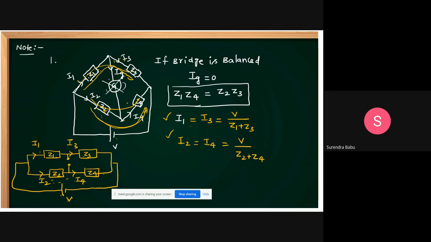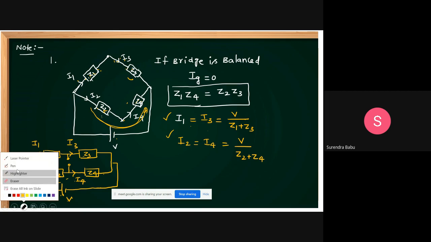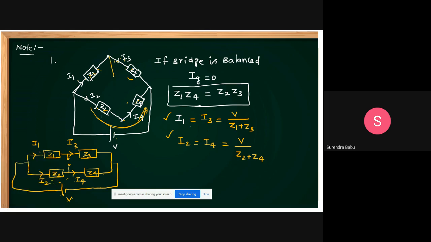Not only a galvanometer, even if any element is present, you remove that element. Sometimes instead of the galvanometer, some impedances are given like this. Let this be Z5 and this be Z6.